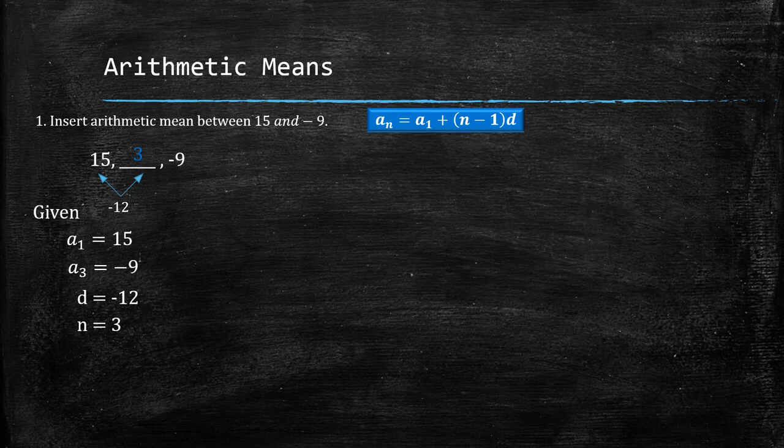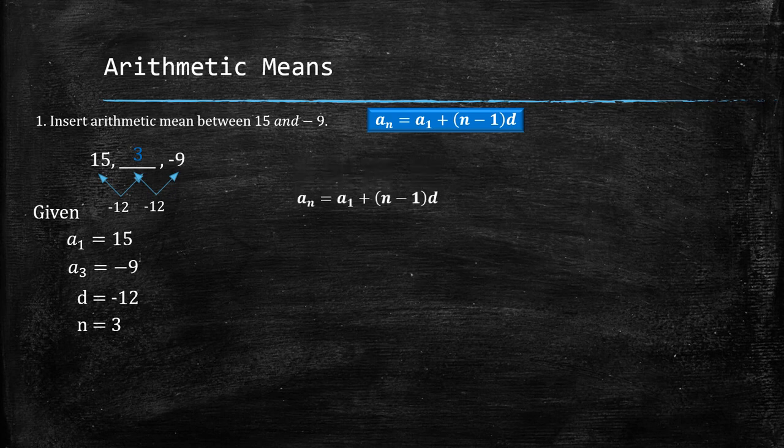Let's check if the next term, negative 9, is correct. We add negative 12 to 3, that is negative 9. So our solution is correct. The arithmetic mean is equal to 3.